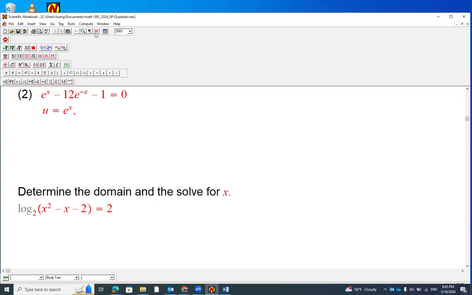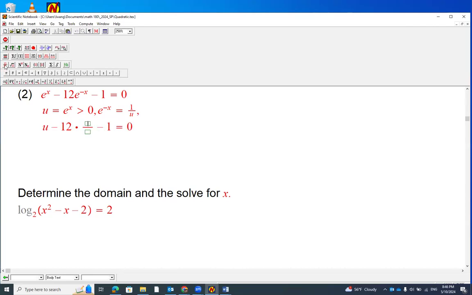Then as a result, e to the power of negative x would be 1 over u. Because e to the power x is always positive, u is positive. After the substitution, we get u subtract 12 times 1 over u, subtract 1 equals 0.